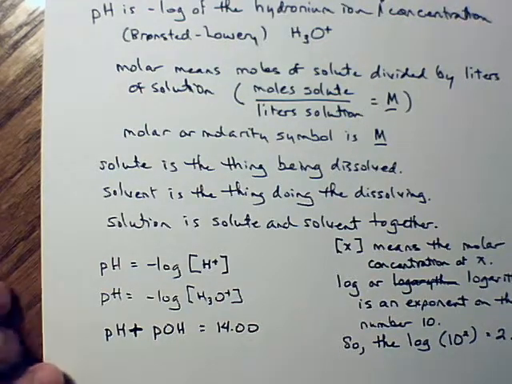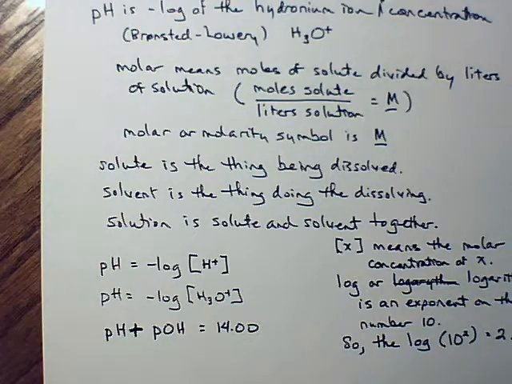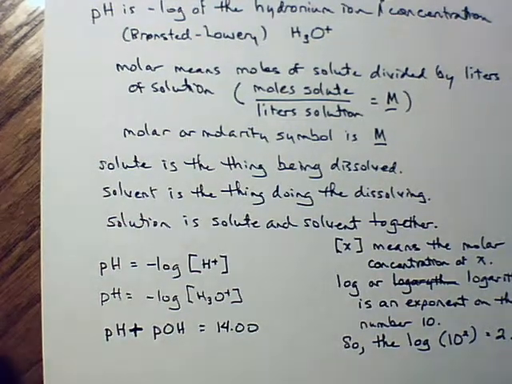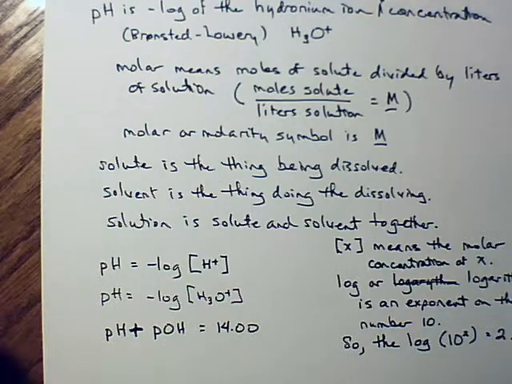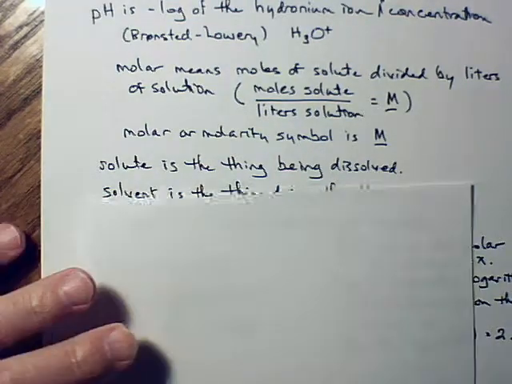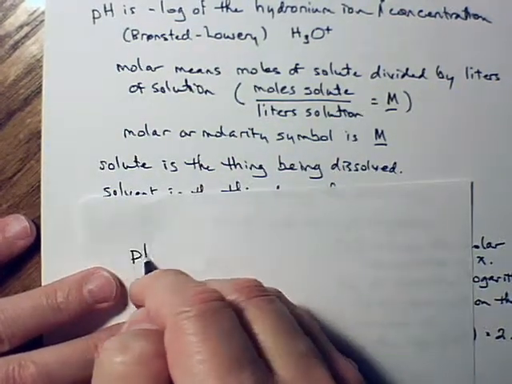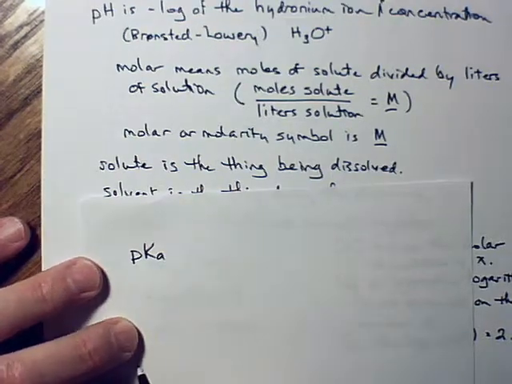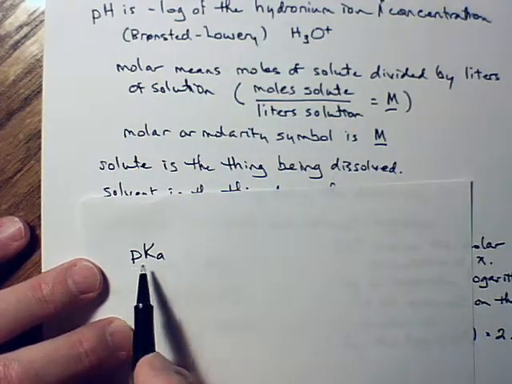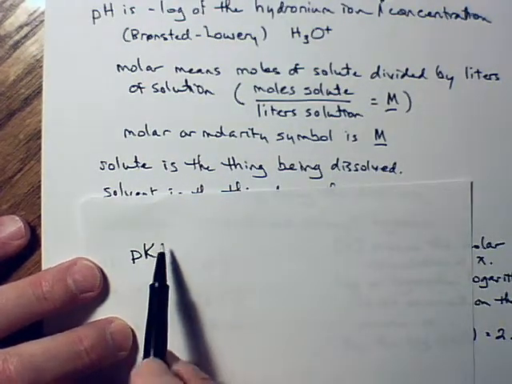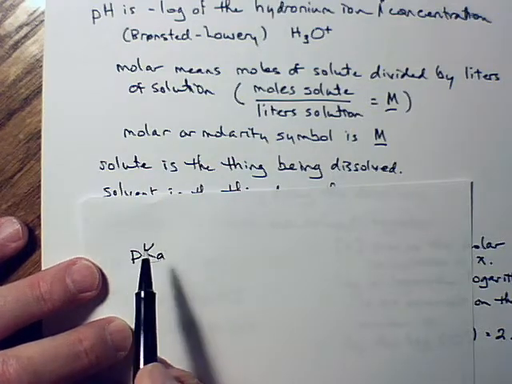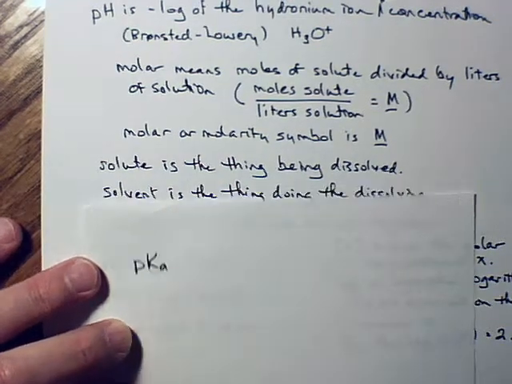If I write, for example, pKa, that means the negative logarithm of whatever this is. That happens to be an acid ionization constant, which isn't part of something we do in this class.